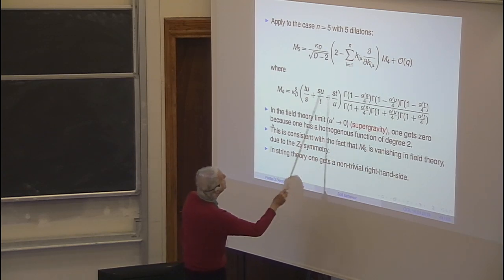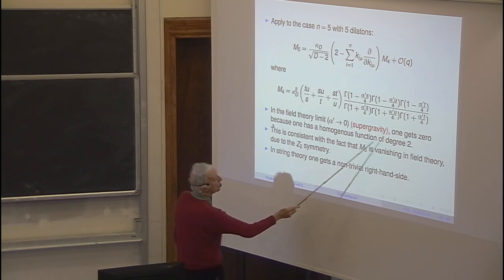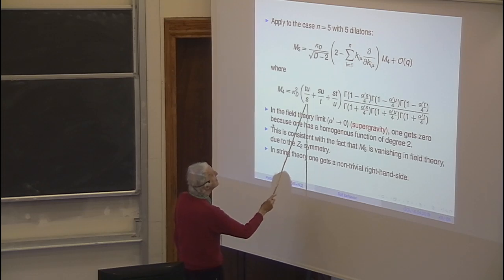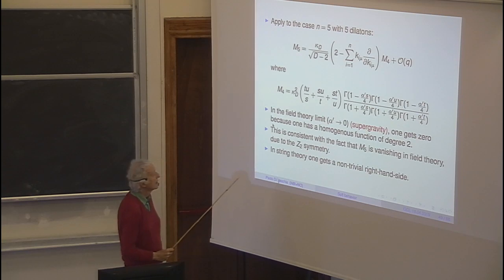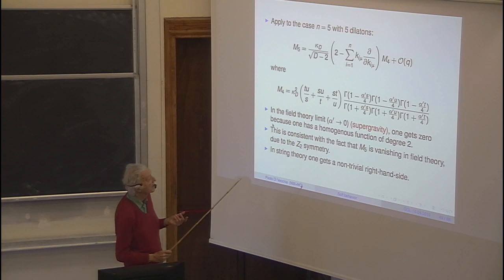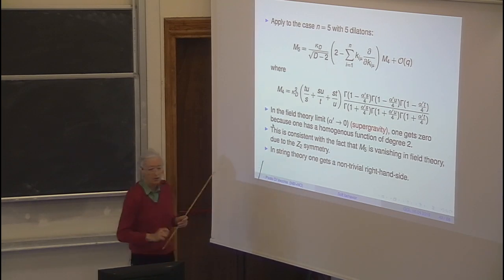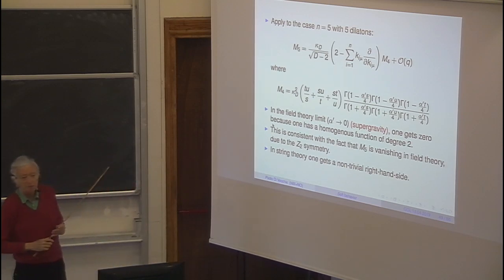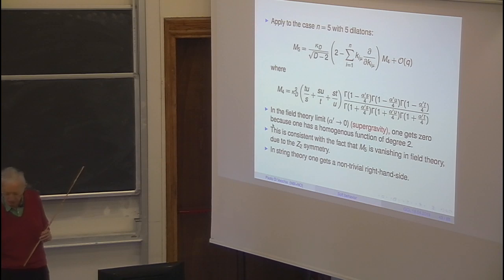So one gets zero because one gets a homogeneous function of degree 2, you see here. This is not in contradiction with the soft theorem, because in supergravity there is a Z2 symmetry, so only amplitudes with an even number of dilatons are different from zero. And so the soft theorem is consistent in the supergravity limit with this.